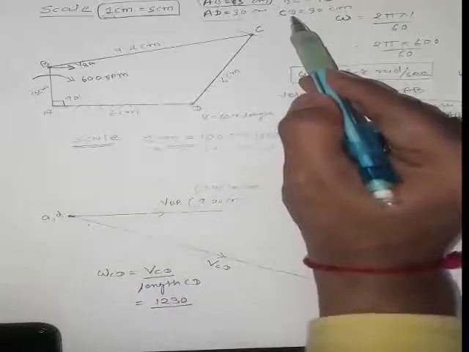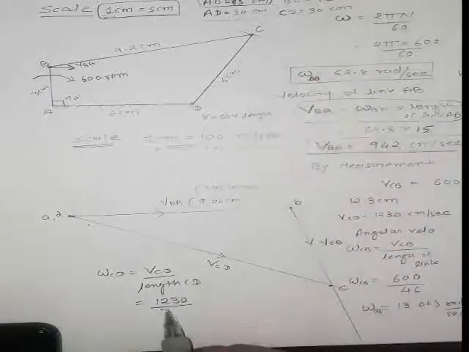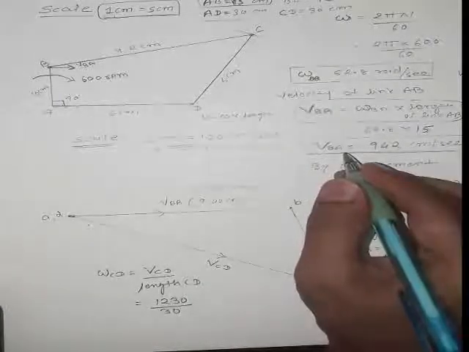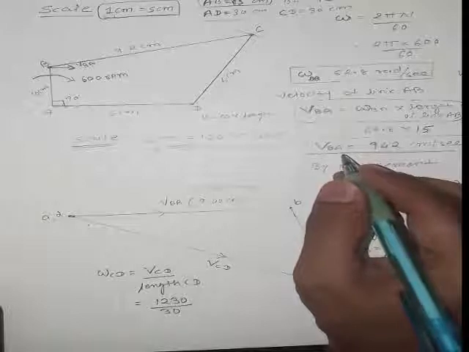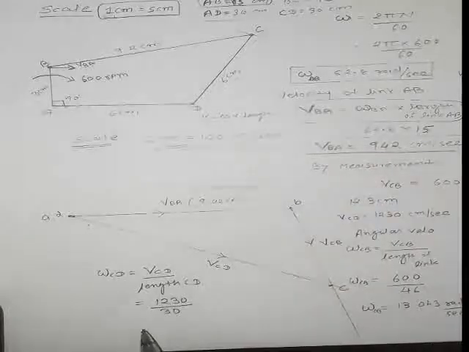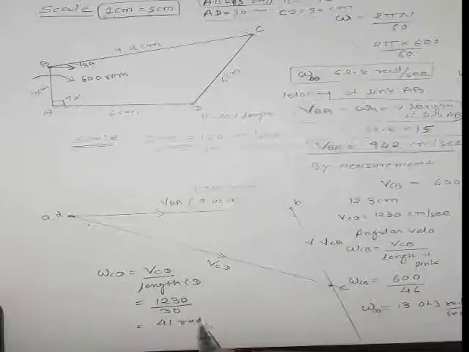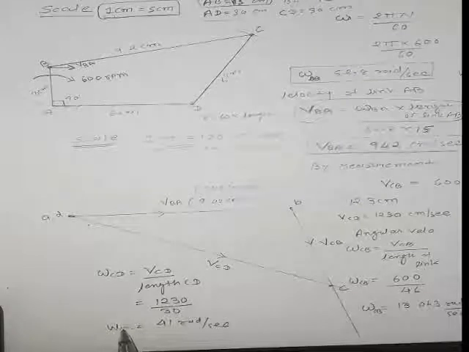Here you can see this is the length of CD, 30. So 1230 divided by 30. So here we got 41 radian per second, right? So omega CD, that is 41 radian per second.